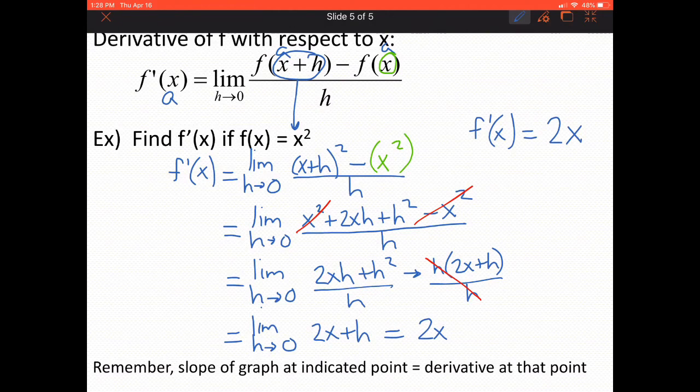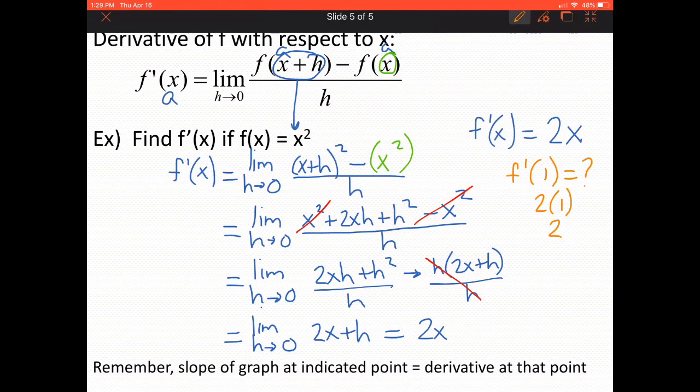And now that means I could find the derivative of our function at any value of a by just plugging it in. If I were to ask you, what's f prime of 1, or the derivative at 1, you could just plug in 1 for that derivative, and you would get that it's 2.